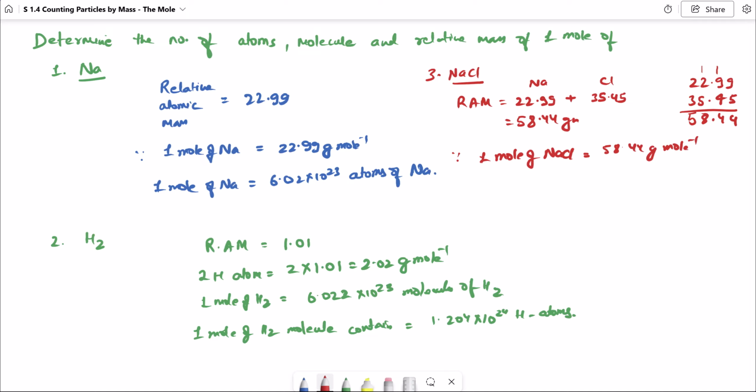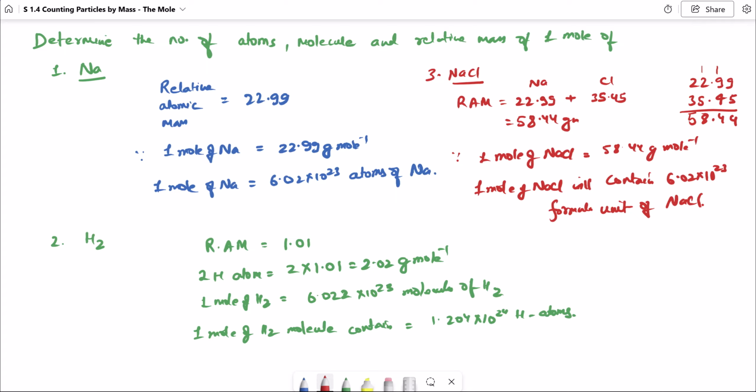And 1 mole of NaCl contains how many formula units of NaCl? 1 mole of NaCl will contain 6.02 into 10 to the power 23 formula units of NaCl.